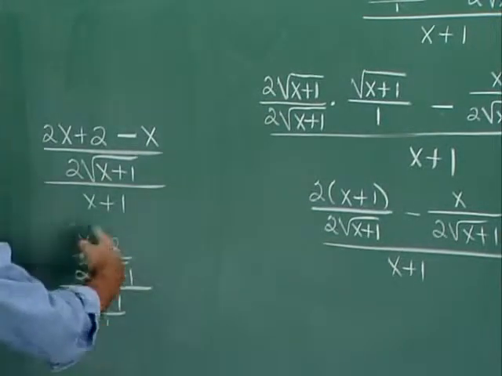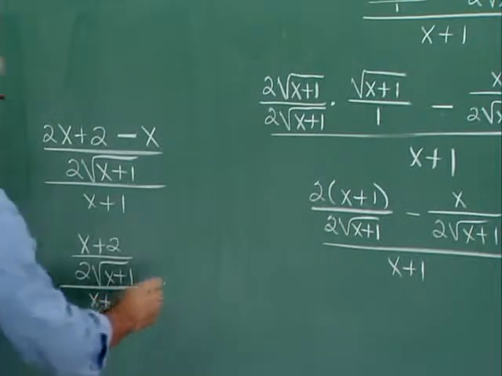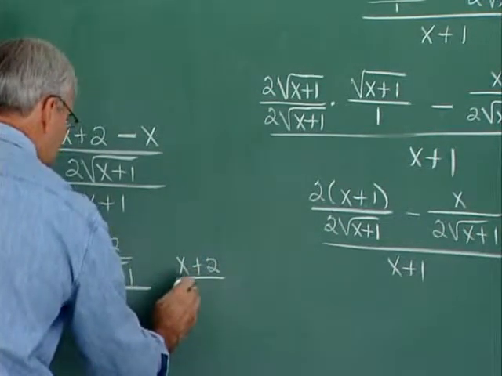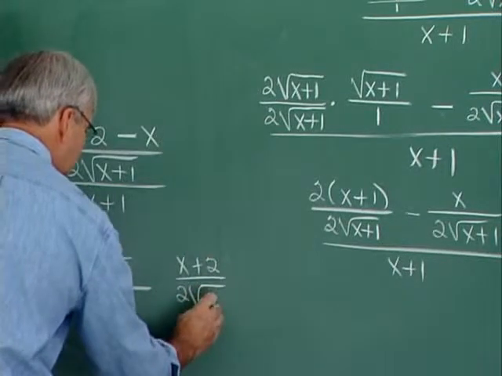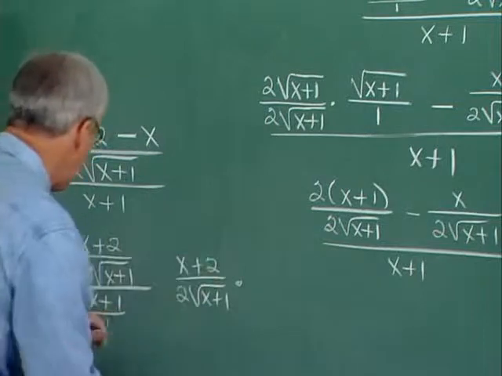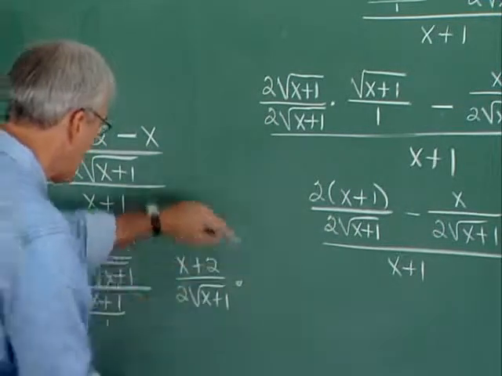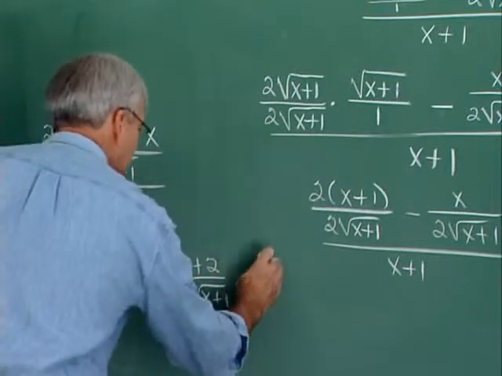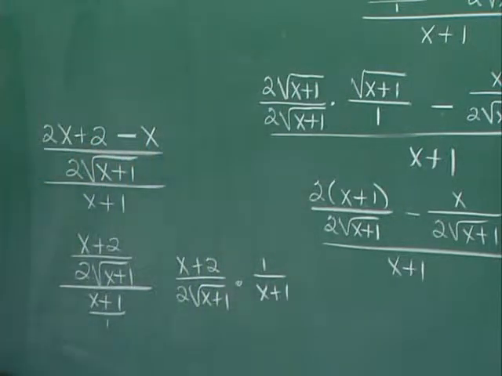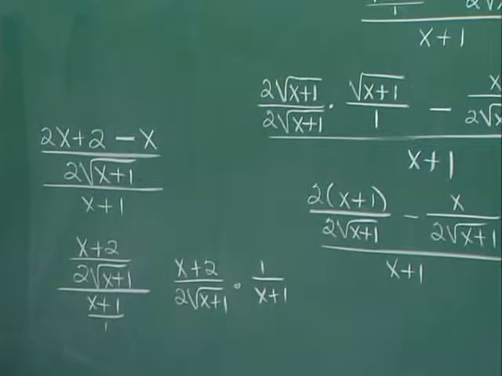So this complex fraction is really, now that we have a single fraction over a single fraction, we can think of it as x plus 2 over 2 root x plus 1 times, you see it's divided by x plus 1 over 1, but that means it's times the reciprocal of this, 1 over x plus 1. I'm assuming that you've seen this a few times before in order to be able to see this, but that's what it turns out to be.